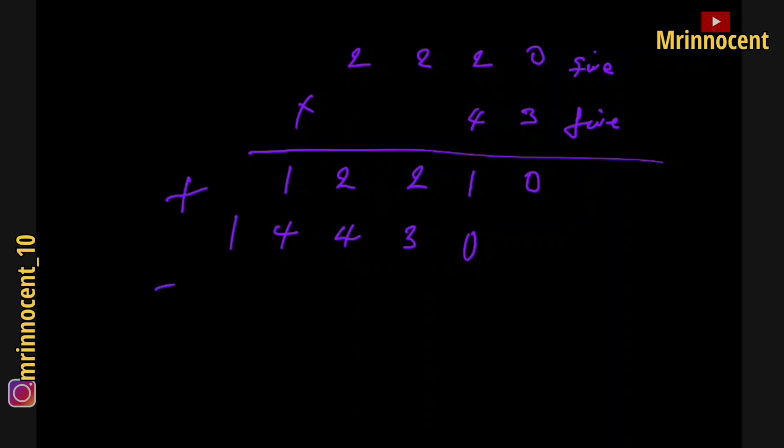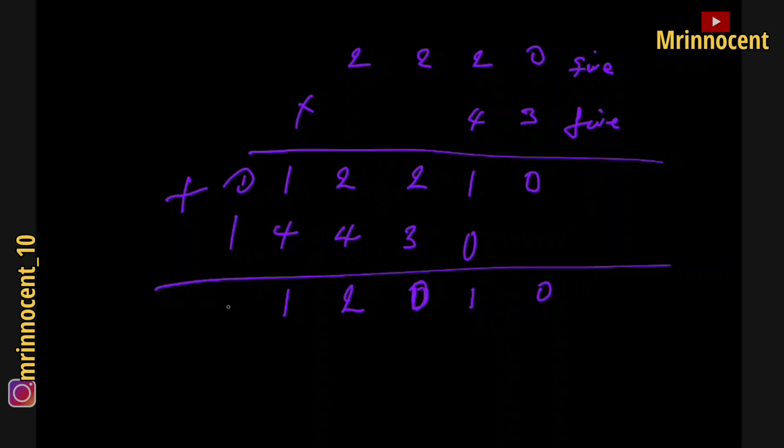You now add. You have 0 plus 0 is 0. 1 plus 0 is 1. 2 plus 3 is 5. 5 in base 5 is 1, remainder 0. 1 plus 2 is 3 plus 4 is 7. 7 in base 5 is 2, remainder 1. 1 plus 1 is 2 plus 4 is 6. 6 in base 5 is 1, remainder 1. 1 plus 1 is 2.